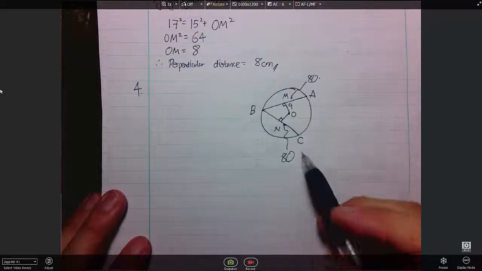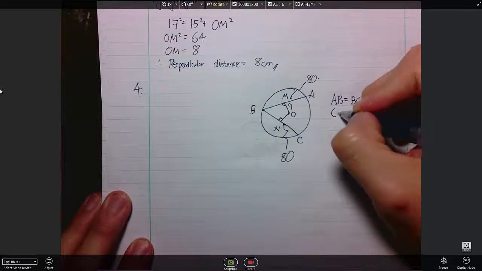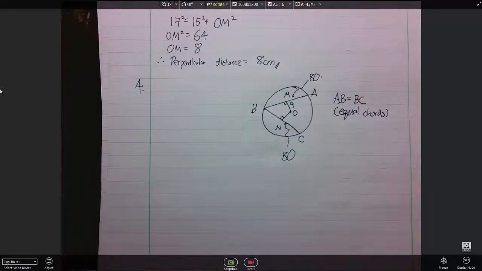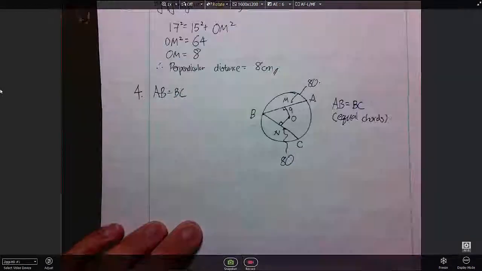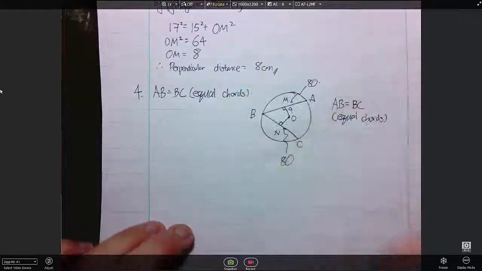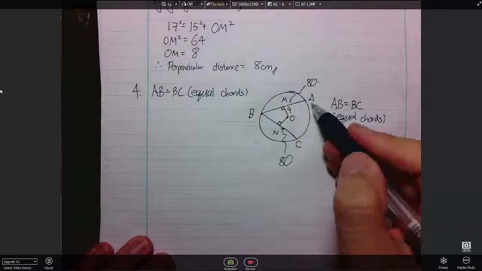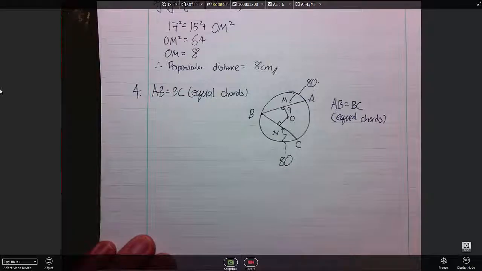Notice that AB is equal to BC, which means that these two are equal chords. So I write there AB is equal to BC, and they are equal chords because the length is the same. Now the property that we learned from the previous video is that if they are equal chords, they are equidistant, or the same distance, from the center of the circle.